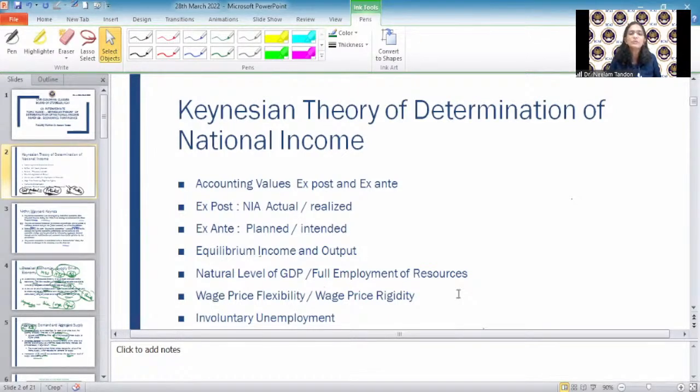In the case of classical, there's always full employment. As Mancha said clearly, supply creates its own demand in the case of classical. There's no role of government in classical. In Keynesian, government plays an important role to overcome deficit demand.